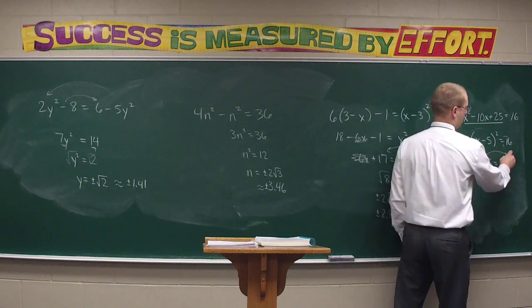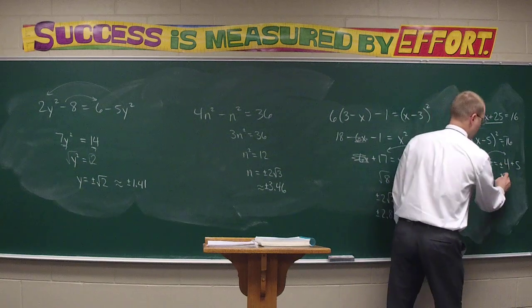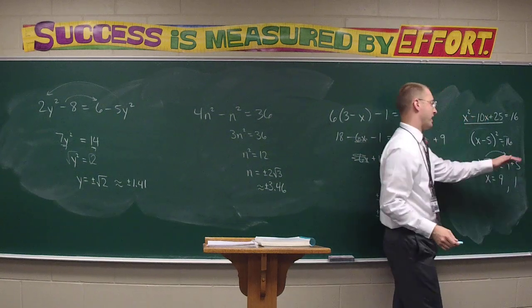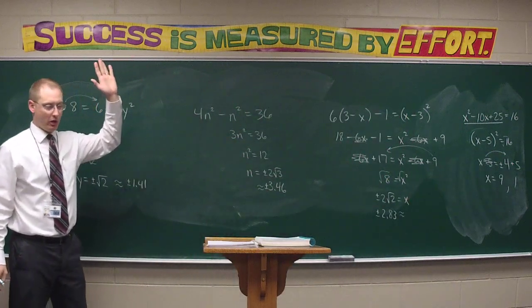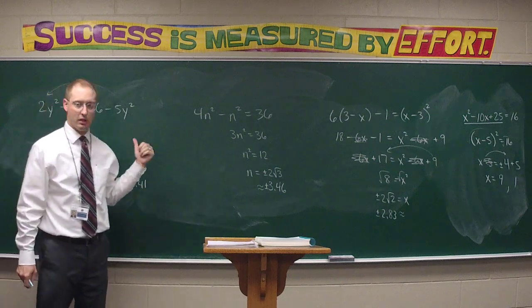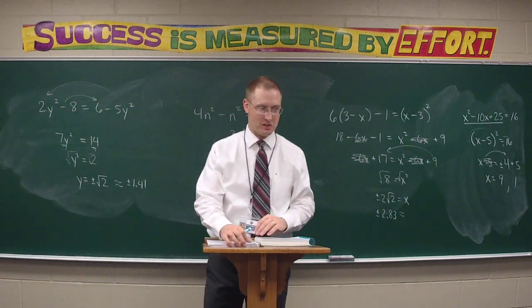And move the 5 over as positive 5, so x equals 9 or 1. There we go, 4 plus 5 is 9, negative 4 plus 5 is 1. And how many got those answers for the last one, those who made it that far? All right, questions at all on these incomplete, for the most part, quadratic equations?